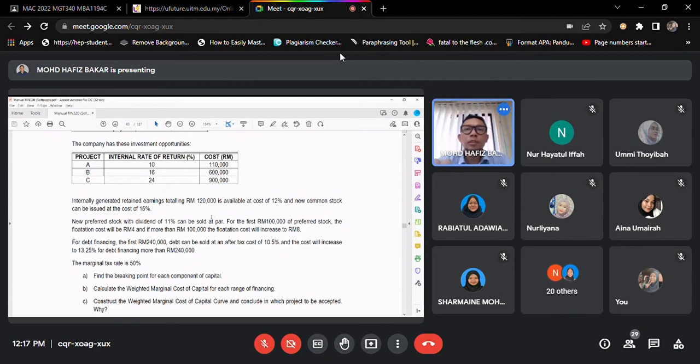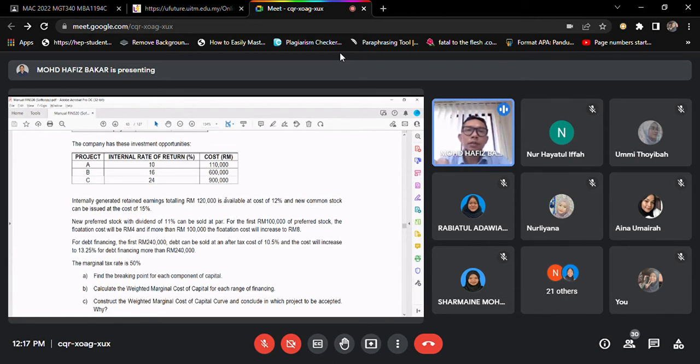For the first 100,000 of preferred stock, the flotation cost will be RM4, and for more than 100,000, the flotation cost will increase to RM8. So they provide the information for the preferred stock formula, and you need to calculate. In the second paragraph you need to calculate the cost of preferred stock.